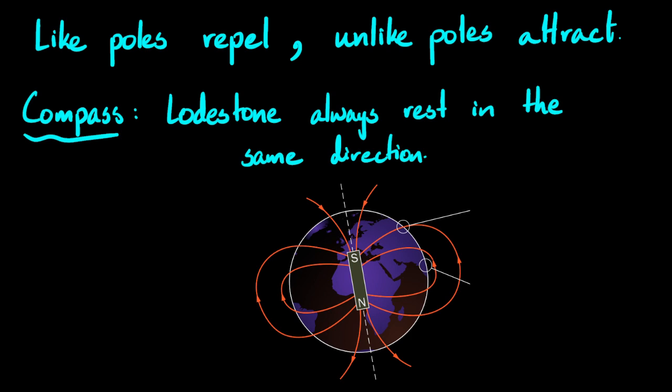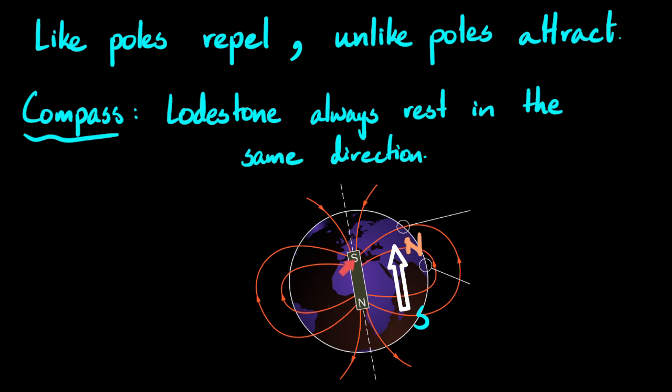So a compass will settle in this direction, with this being the north, and similarly the north of the Earth will attract the south of the compass. So this is called the south pole of the Earth, but this is really in the northern hemisphere of the world, and similarly the north pole is in the southern hemisphere of the world.